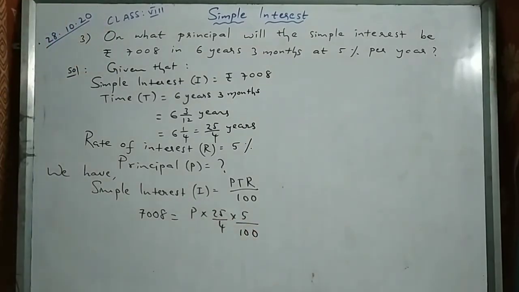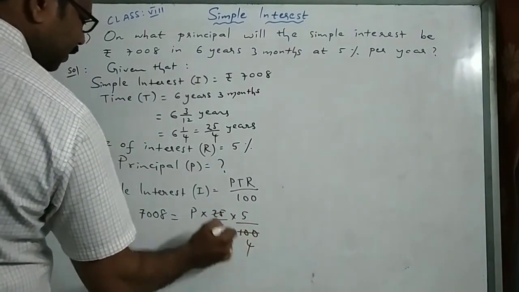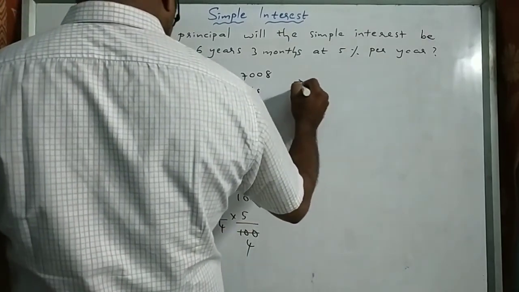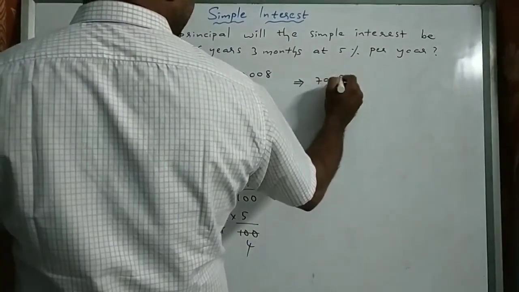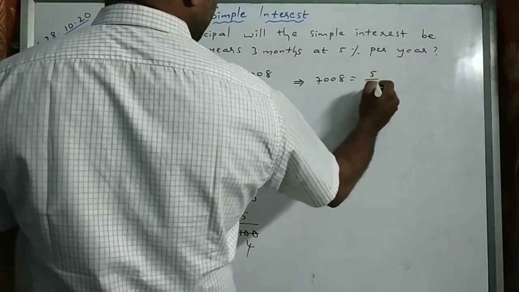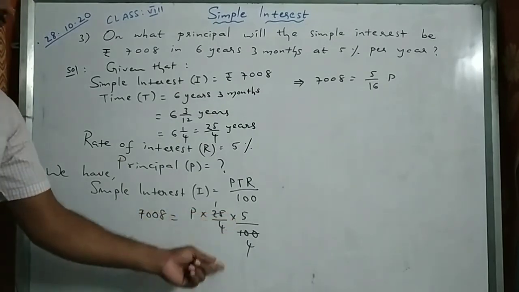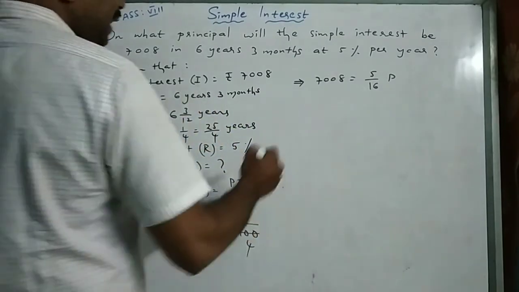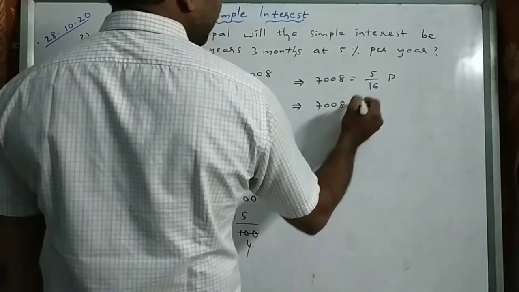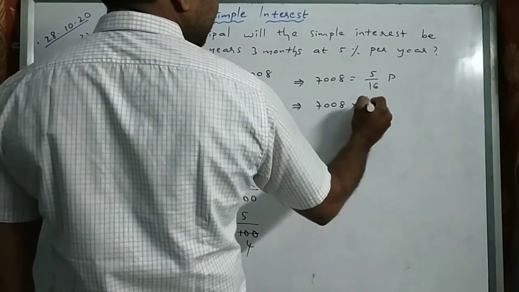Is that clear? Now 25 ones, 25 fours we can cut. So what is remaining here? 7008 is equal to 5 ones are 5 upon 4 fours are 16, P. So 5 by 16 is there, that I will bring this side. 7008 into, if I bring 5 by 16 from RHS to LHS, then what happens?